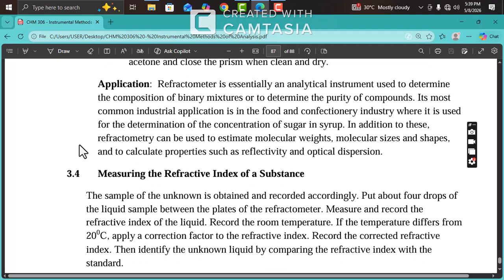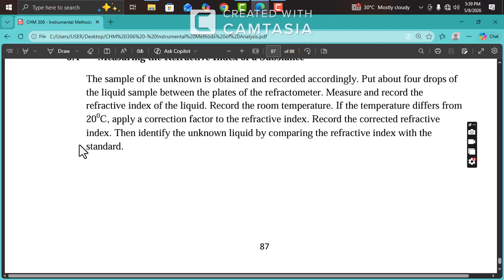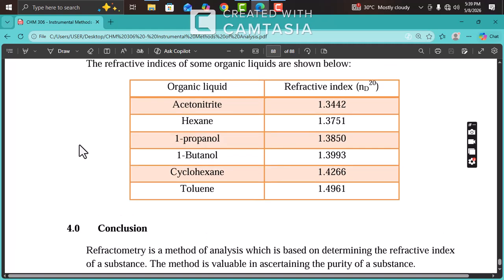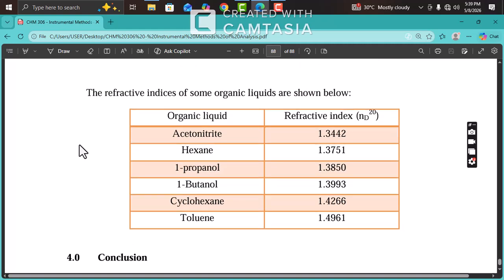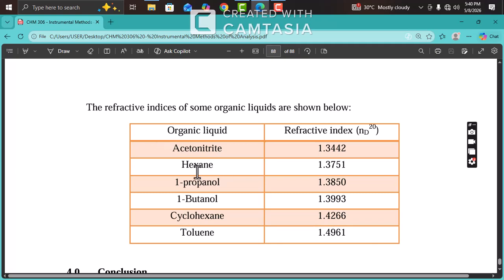That is time dependent. Now, we want to get the refractive index. For different liquids there are different refractive indexes. You can see acetonitrile, hexane, propan-1-ol, butan-1-ol, cyclohexane, toluene. These are the refractive indices of all of them.